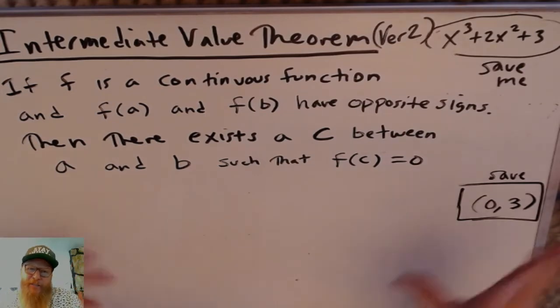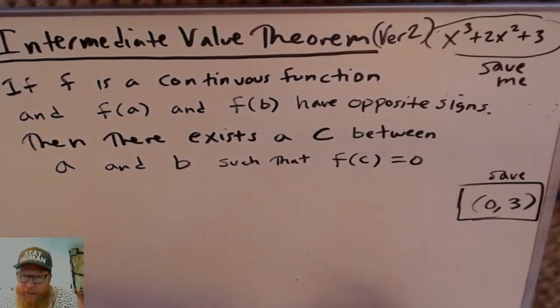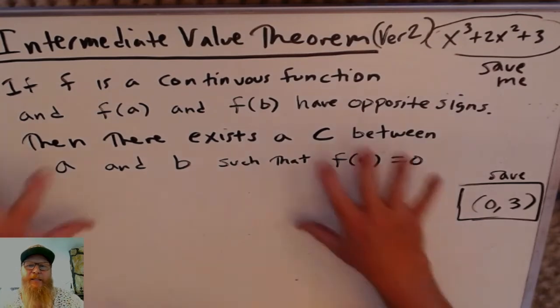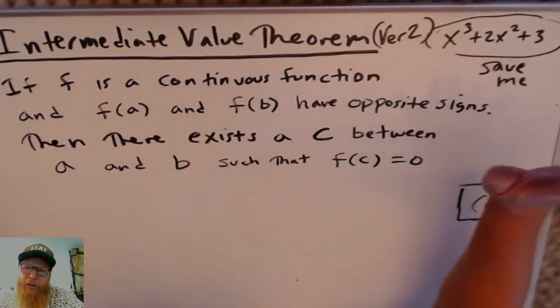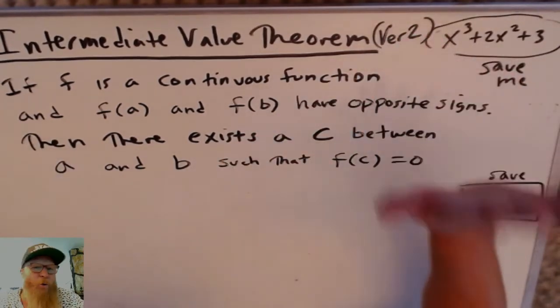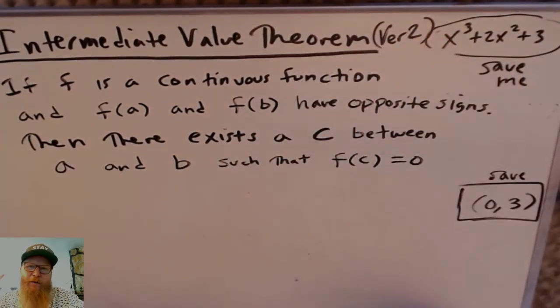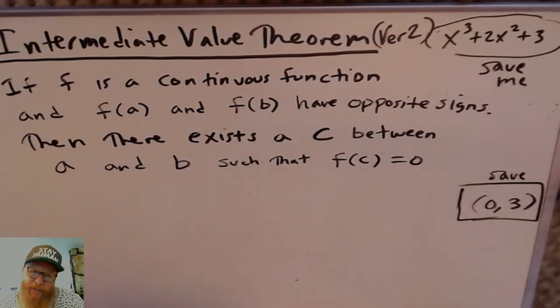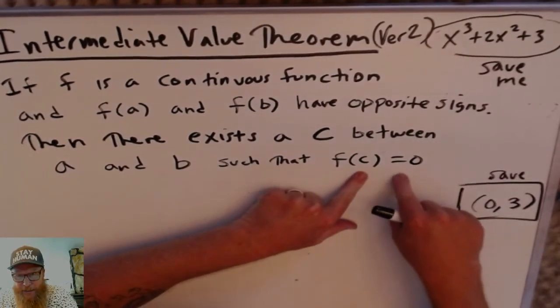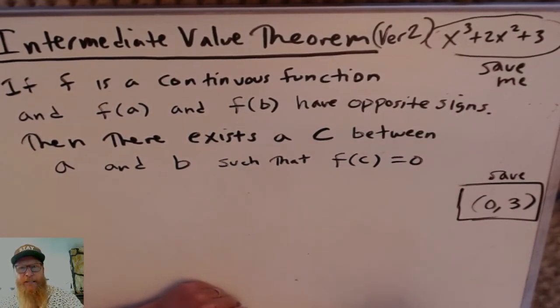That version is not very useful for us right now, so I'm just going to pretend that version of the theorem doesn't exist. As a corollary to the original intermediate value theorem, which I'm just calling version 2, in this class it's the only version, so you don't have to worry about there being a version 1. Okay? Having said that, I really didn't need to mention that, but if you're a purist out there and you Google the intermediate value theorem, you might find that there is another theorem that I'm not talking about in this particular case. I'm talking about the special case of C. Okay?